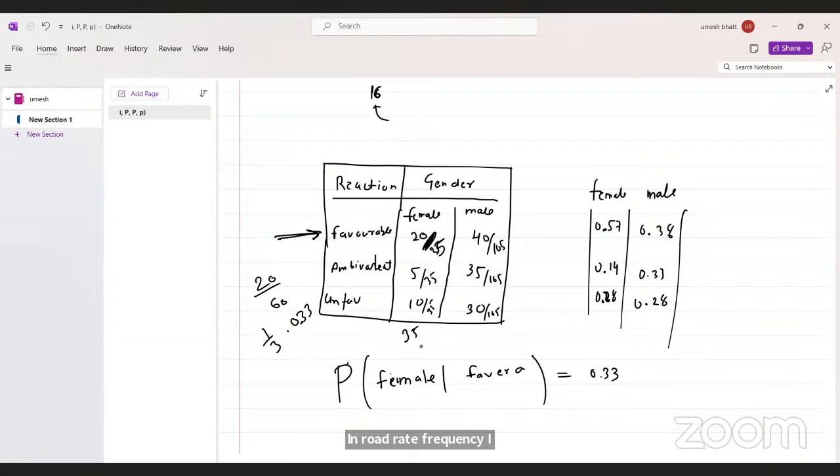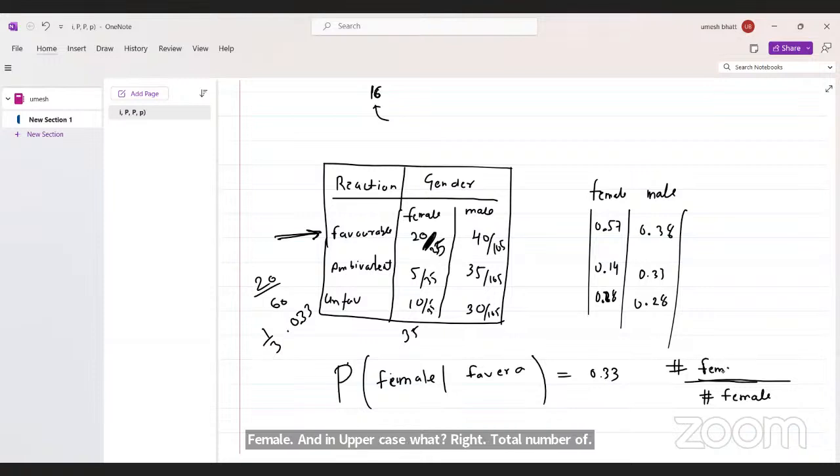Total number of female. In column relative frequency, I divide by what? Total number of female, and react on what? Favorable.